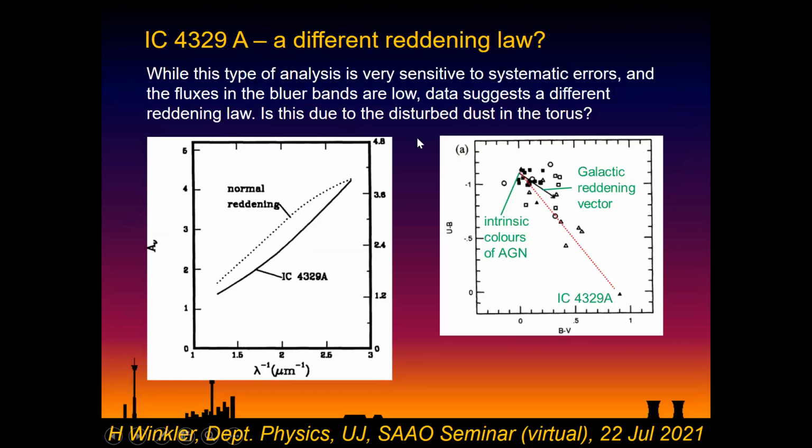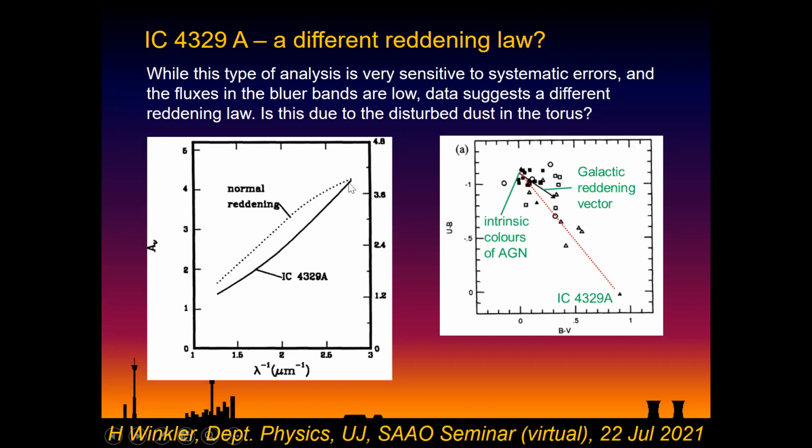Right, so already before this, I'd managed to, just by looking at what you get when you plot the fluxes in one band versus the other, come to the conclusion that it looked like the interstellar reddening in the vicinity of the IC4329A nucleus was different to what you get in the galaxy.